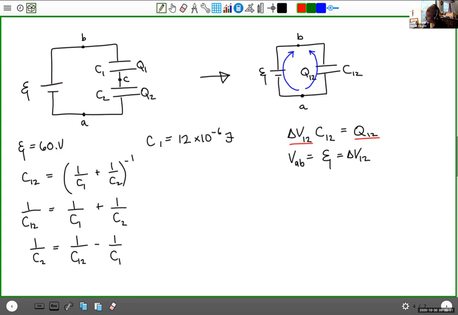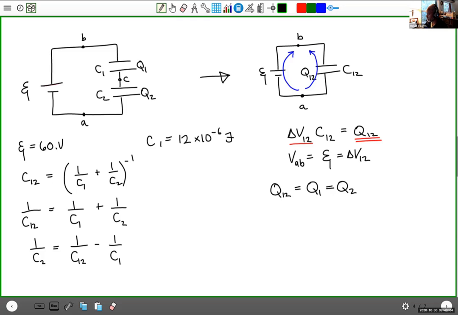Now let's determine the charge on our equivalent capacitor. Remember, for capacitors in series, the charge of the equivalent capacitor is equal to the magnitude of the charge on each of the plates of the capacitors that are in series. And since capacitor 1 and capacitor 2 are in series with each other, the magnitude of the charge on each of their plates is the same.